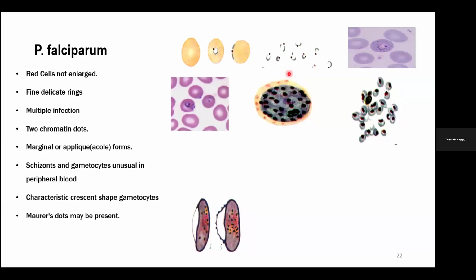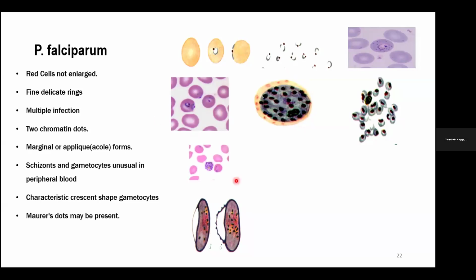Then also, this one is a multiple infection. There are two parasites in this cell, but if you look at the cell size, it is not enlarged. Again, P. falciparum is numerous. Like in this one field, there are three cells near one another, but all of them have parasites.